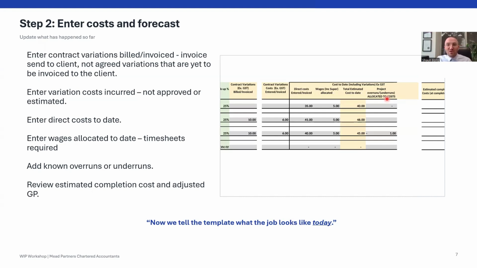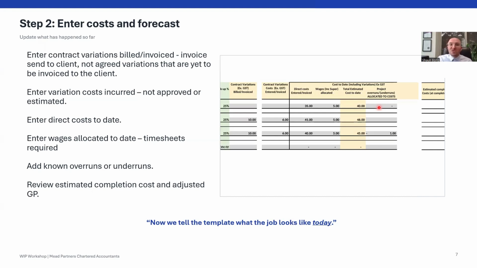It's important to record these underruns and overruns, as they will throw out the WIP percentage of completion. Because if we don't enter a negative 5,000, the template will think that cost still needs to be incurred, and therefore reduce the percentage of completion on the job.